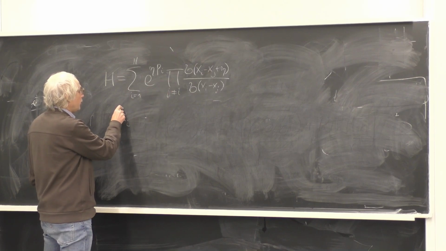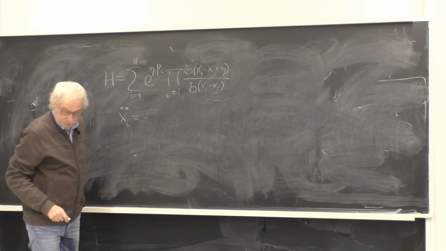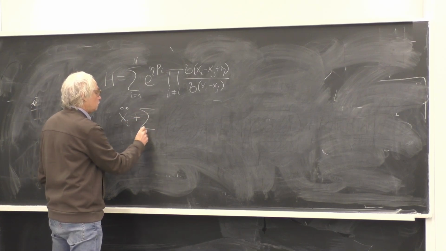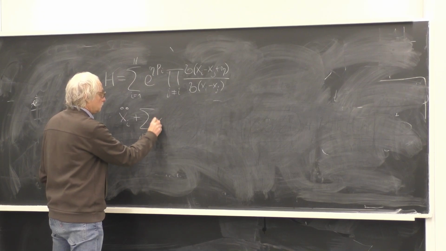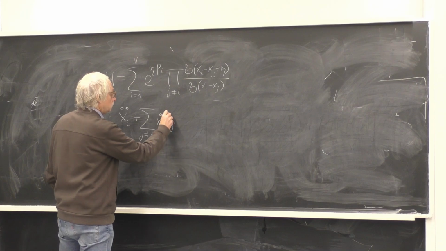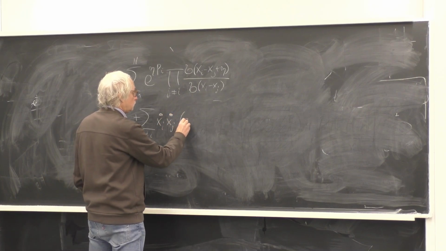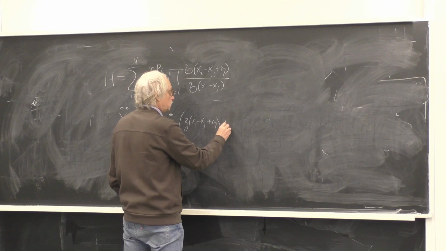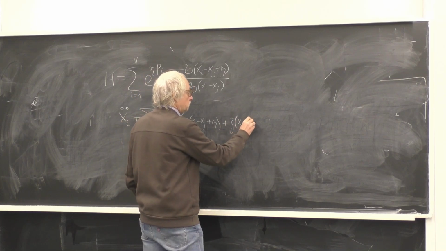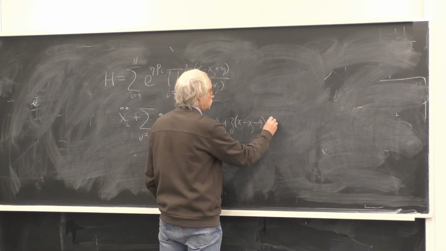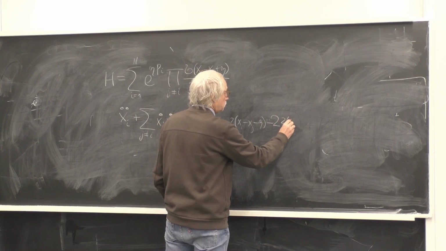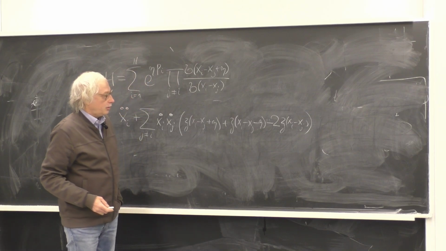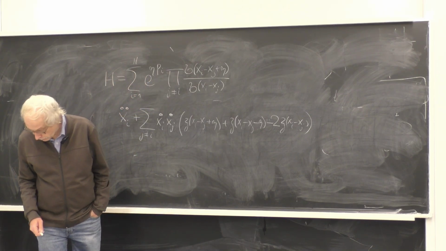And the result is as follows. Where zeta is the Weierstrass zeta function.